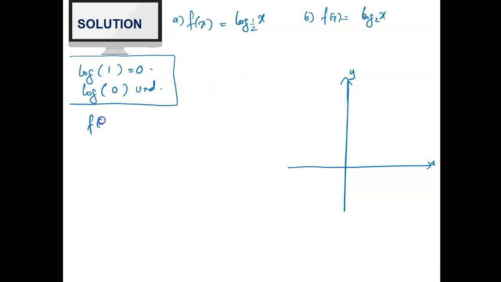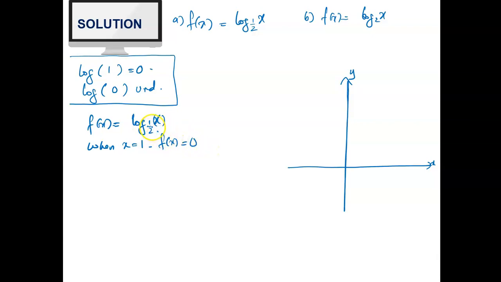For example, for f(x) equal to log x to the base of half. Okay, so when x, the value inside the function, when x equal to 1, log 1, then the whole function y, f(x), log 1 to the base of half equal to 0.